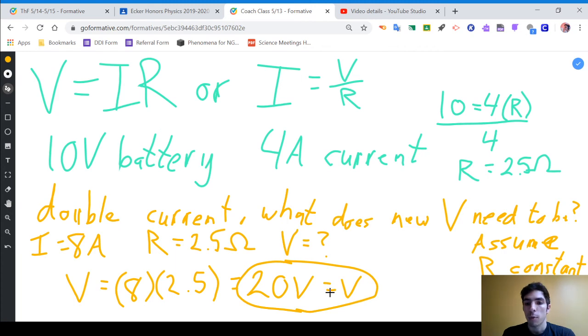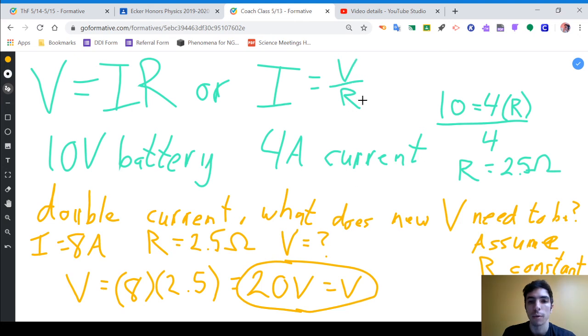Now, one thing I want to point out is if we wanted to double this current, this 20 volts is twice as much voltage as our initial voltage. So the reason that I like this equation, this I equals V over R, is because if you know about these relationships about voltage being directly proportional to current and resistance and current being inversely proportional, which means if resistance goes up, current goes down, then you actually could have done these in your head partially.